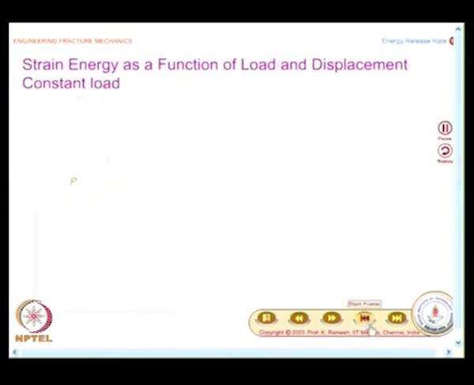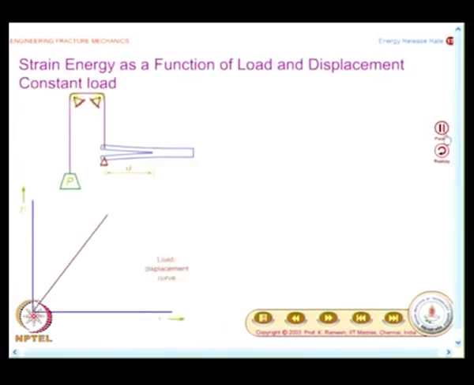And we will take up one after another what happens when I have a constant load. I have taken a simple example. I would like you to make a neat sketch of it and also plot this graph.